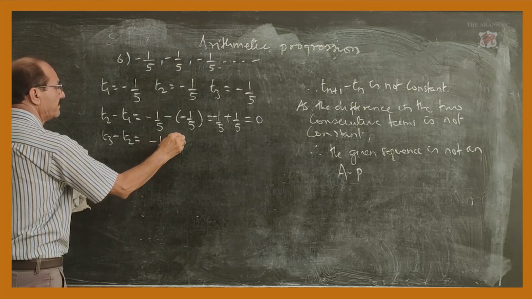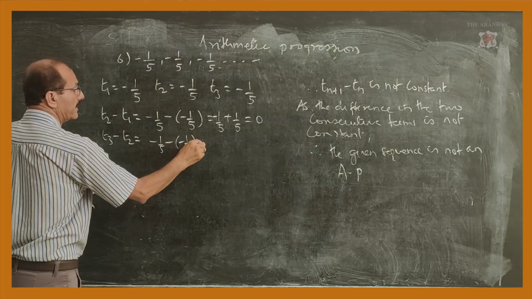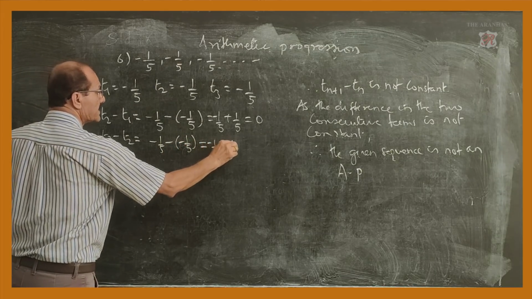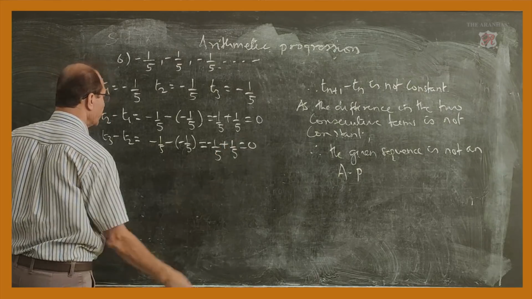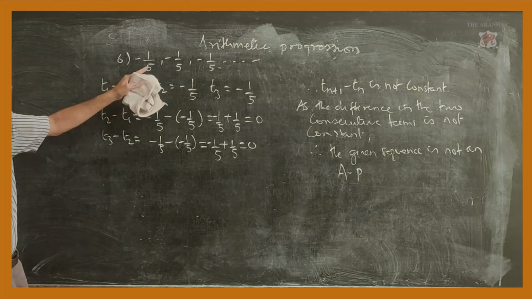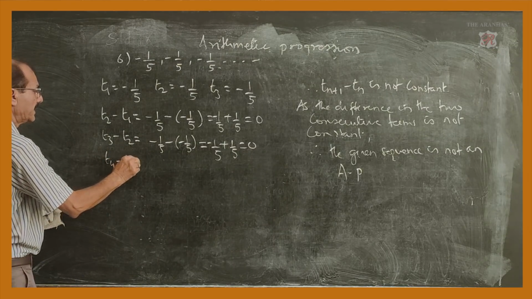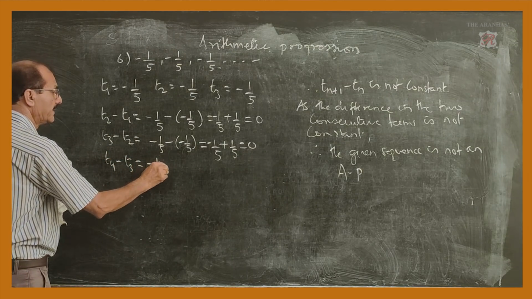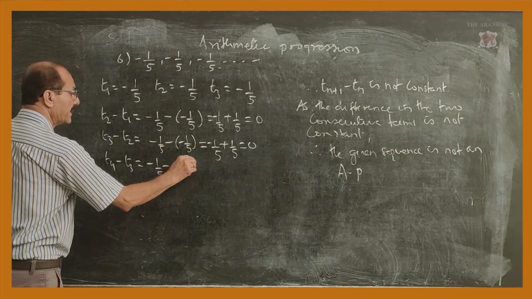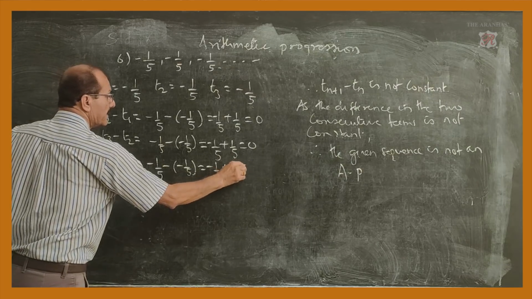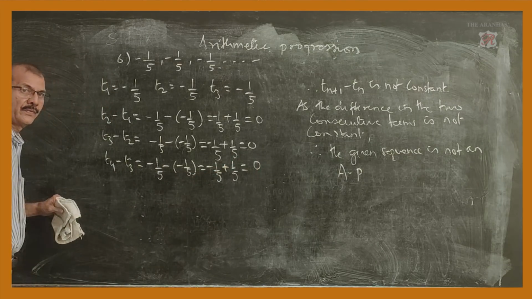Minus 1 by 5 minus of minus 1 by 5 is equal to minus 1 by 5 plus 1 by 5, which is 0. Now again T4 minus T3: minus 1 by 5 minus of minus 1 by 5 is equal to minus 1 by 5 plus 1 by 5, which is equal to 0.